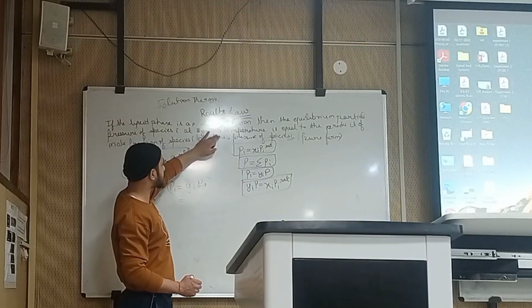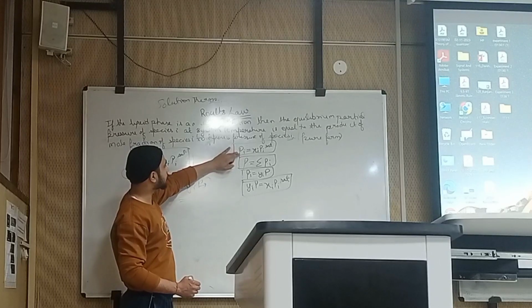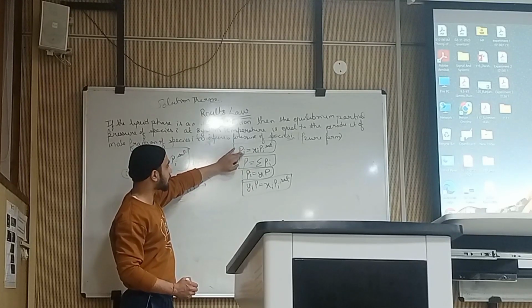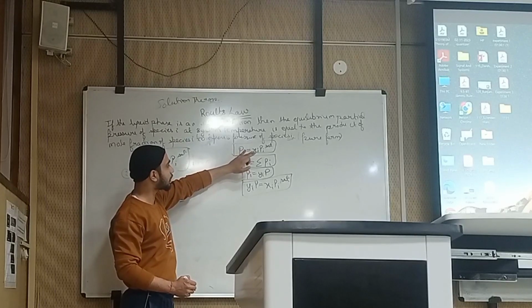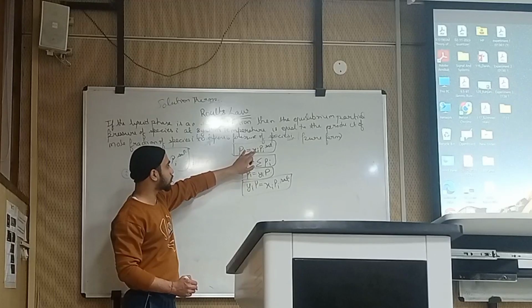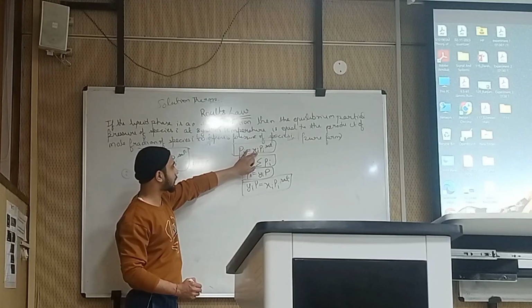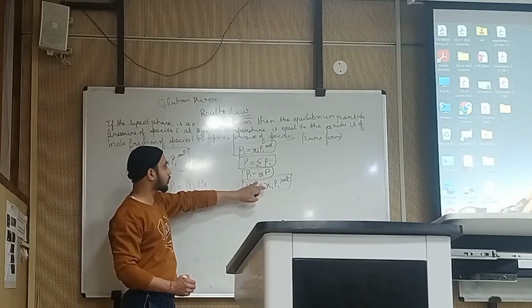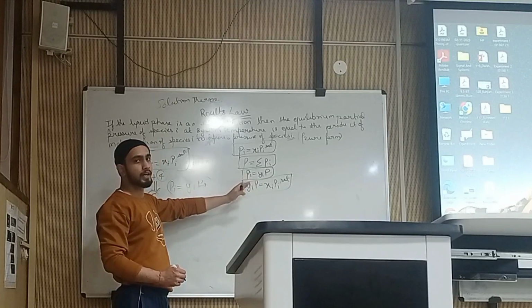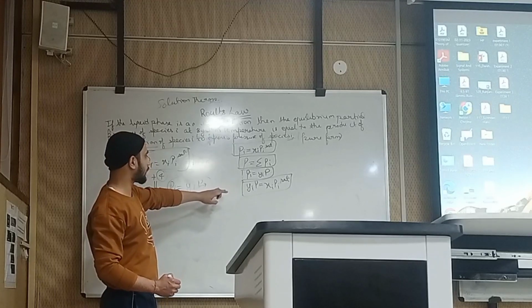These two things we know, and this is reduced from this: Pi is equal to Xi into Pi sat. Pi is the partial pressure and Pi sat is the saturation vapor pressure, multiplied by the mole fraction in the liquid phase. So from this we can derive how the mole fraction in the liquid phase and vapor phase, and the total pressure and saturation pressure, are related.